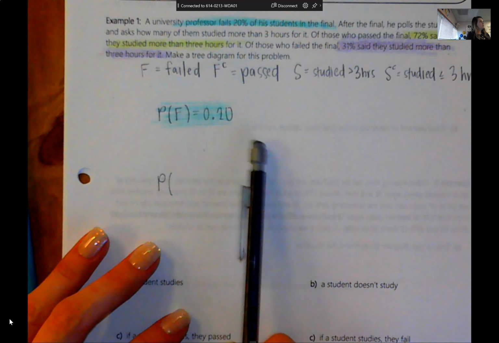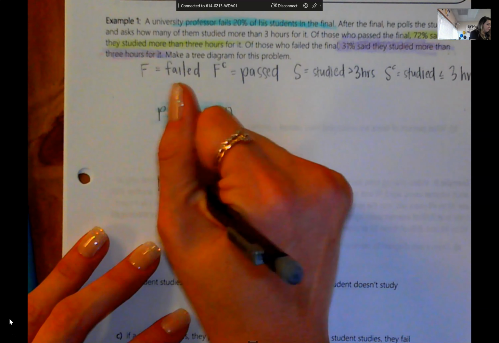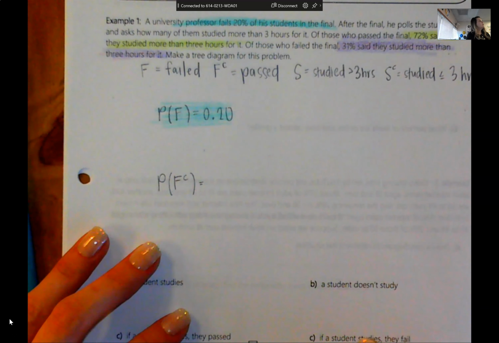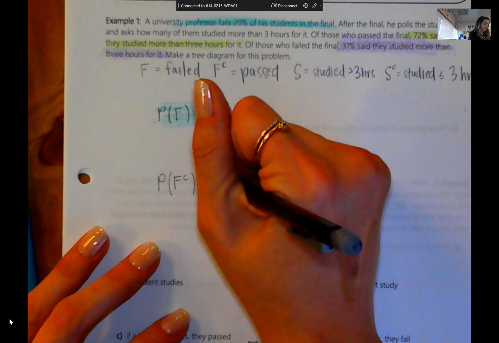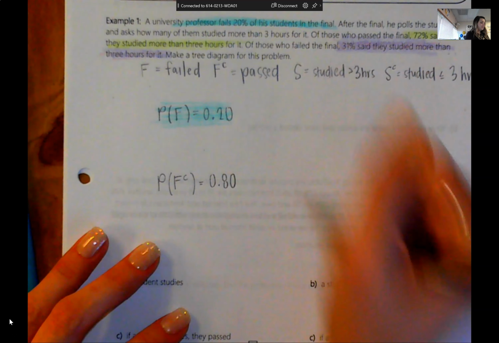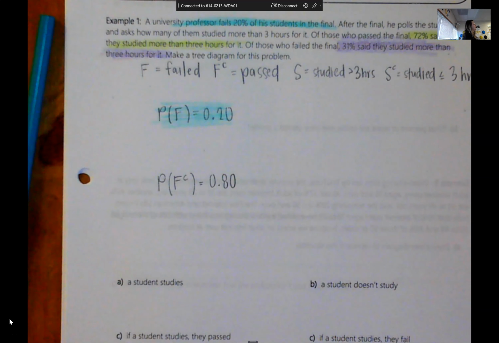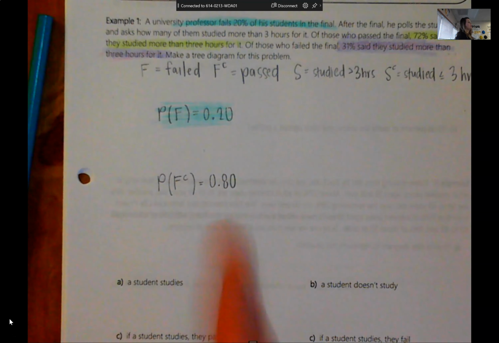If 20% of the students failed, that means how many students passed? 80. So this first portion of my tree diagram adds to 100% of the data, or 100% of the students.